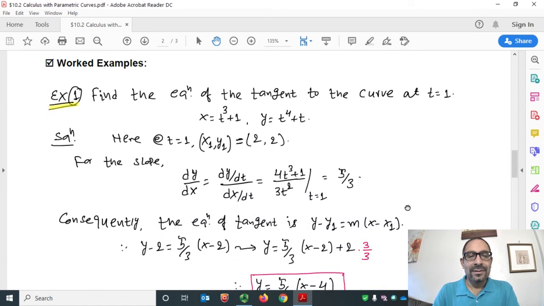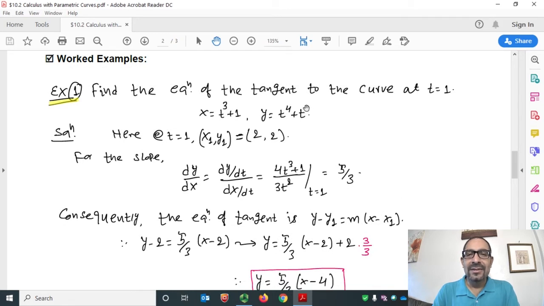Example 1. Find the equation of the tangent to the curve at t equals 1, where the given curves in parametric form are x equals t cubed plus 1 and y equals t to the power 4 plus t. Great. So let's begin the solution.